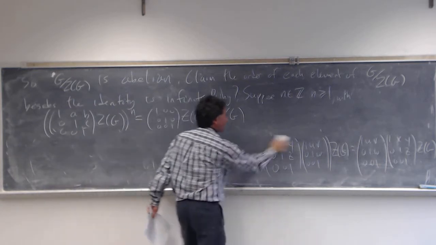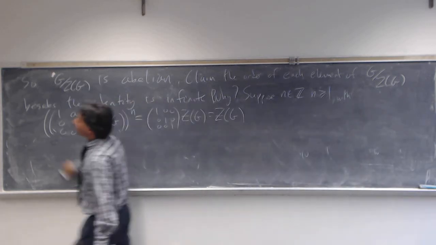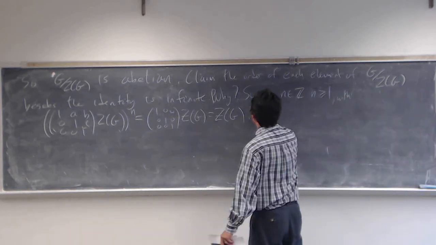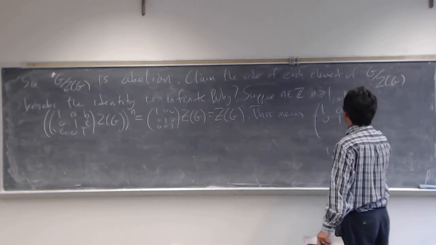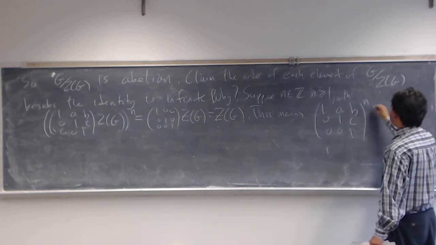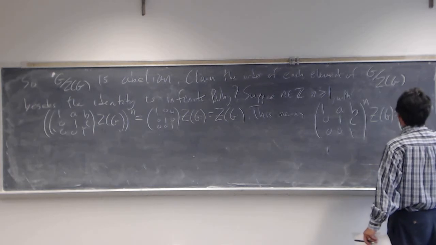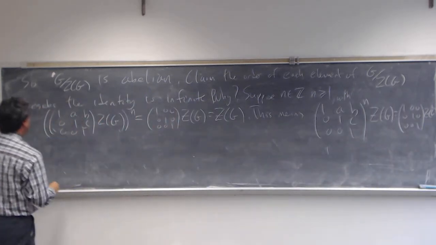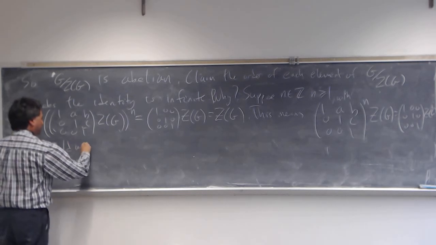So what would this mean? This means that, again, the way you would raise a coset to the nth power is you just raise the element to the nth power, and that would have to be equal to the identity coset, which would mean what?